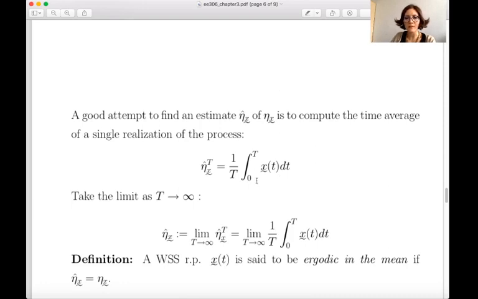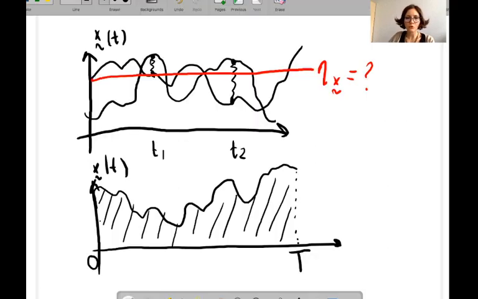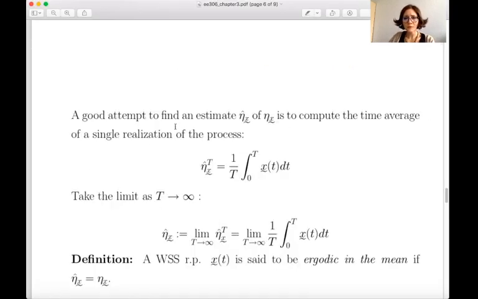This here in this integral represents a time function, a single realization of the random process. Okay, so just check. This is actually the thing that I just drew here. So we integrate this single realization between 0 and T, and then we normalize by 1 over T so that we get an estimate actually. Now, we still haven't answered the question whether this estimate is anything close to the actual mean of the random process eta x, but this is the best of what we can do with a single realization.